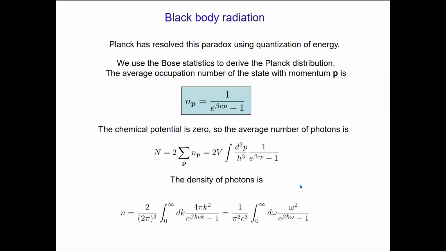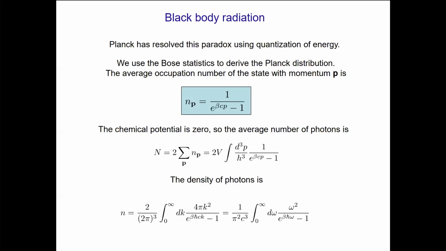Okay, so that was one of the problems of classical radiation physics. What we are going to do now is use the Planck-Bose statistics to derive a new formula for the spectral density of black body radiation. Originally it was done by Planck, who resolved this paradox using quantization of energy.